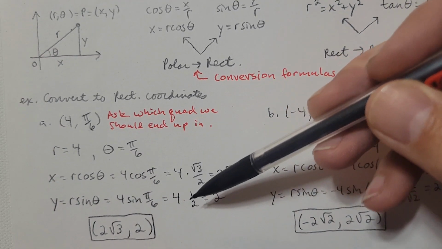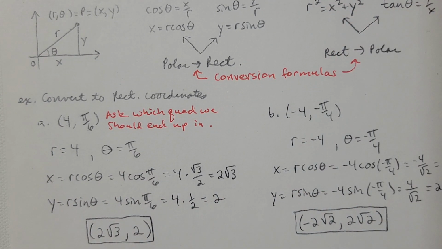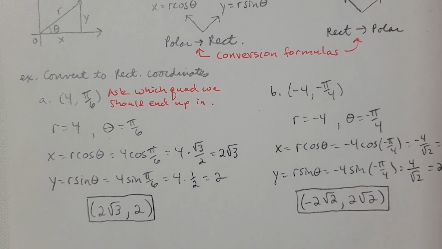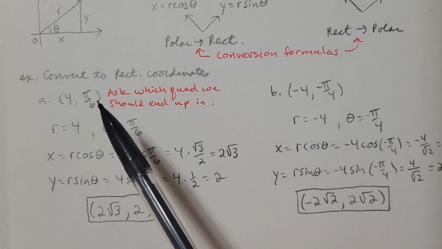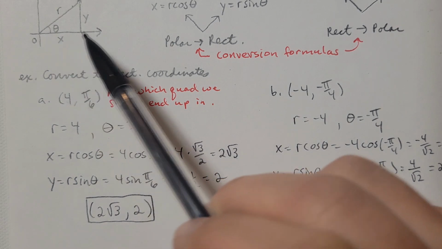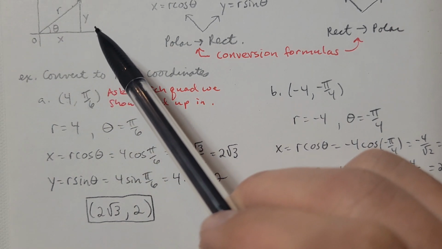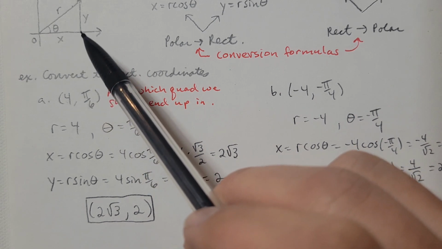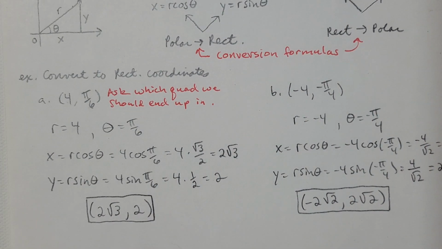Sine pi over 6 is 1/2, and 4 times 1/2 is 2. So where this point would land in rectangular coordinates would be (2 root 3, 2). Both of those are positive numbers, so that makes sense, because I'm going to go to the right 2 root 3 increments, and then up 2 increments.